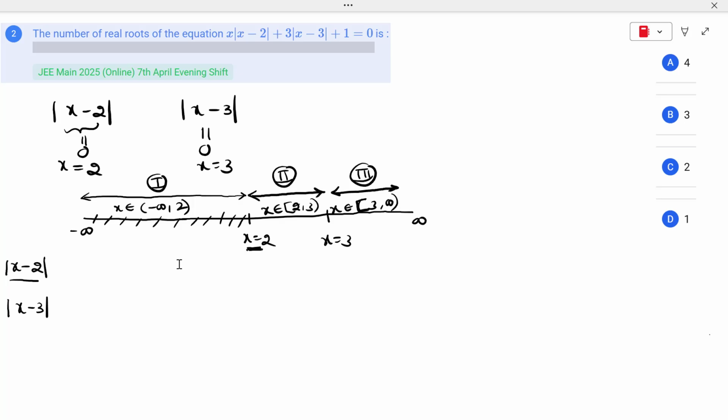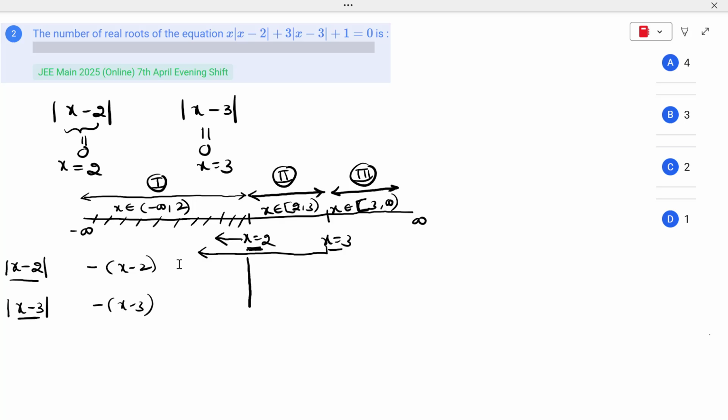For x equal to 2, region 1 is on the left side. So if it is on the left side, it is minus of x minus 2. What is the number related to mod x minus 3? x equal to 3. For x equal to 3, region 1 is towards the left. So if it is left, minus of x minus 3.